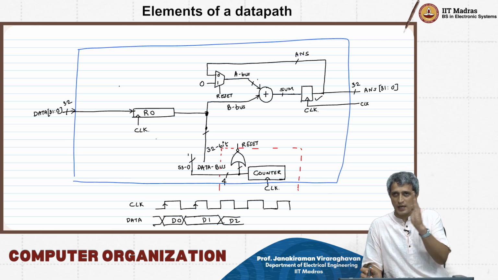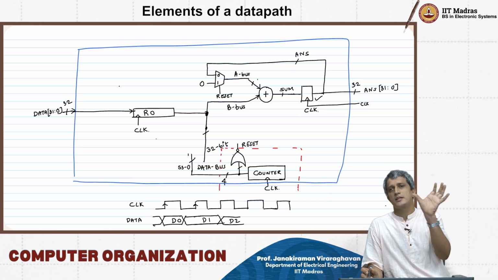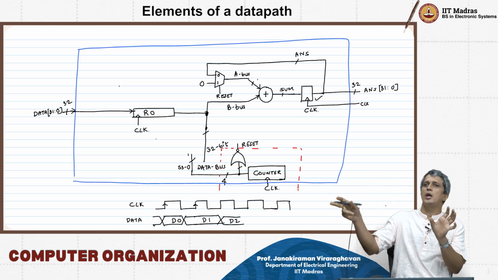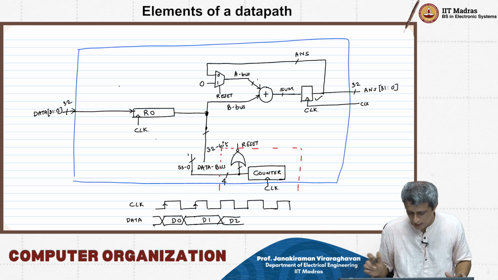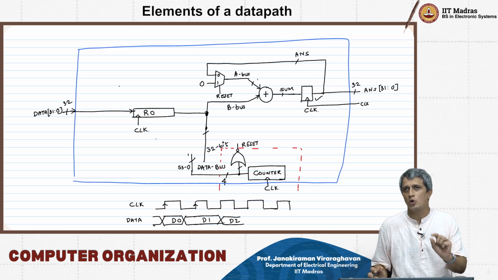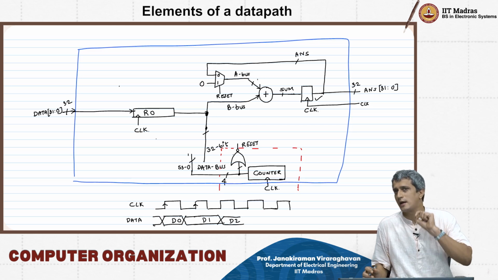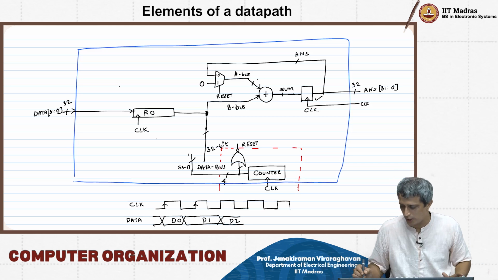When the rising edge comes, data will get written into it, then it will appear on the bus and then it will continue to do this evaluation. That's why it is good to have at least one register in there in order to synchronize the data to the clock edge appropriately.